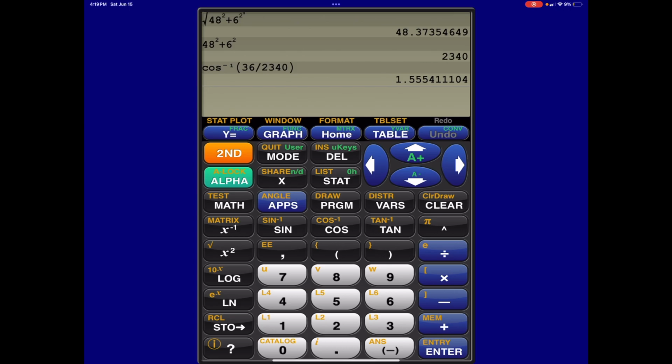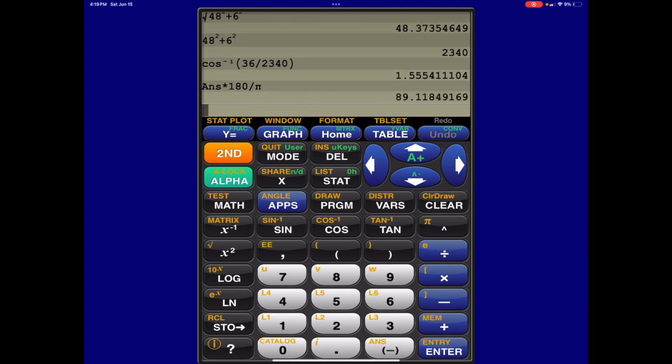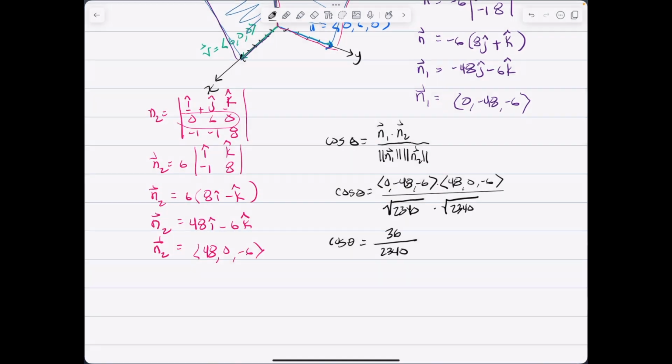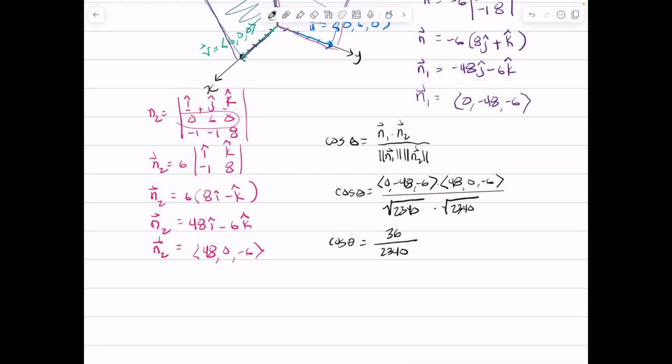But if you multiply that by 180 divided by pi, you get approximately 89.1 degrees. So let me do a little work here. We basically evaluated the inverse cosine of both sides. And then we got a result of theta is approximately 89.1 degrees after we switched it from radians to degrees.